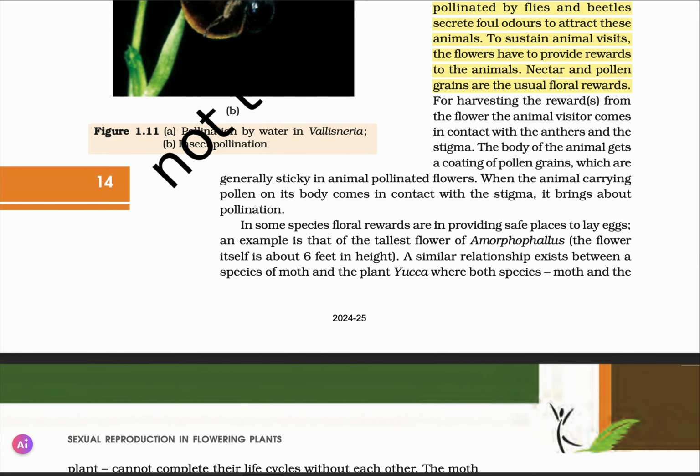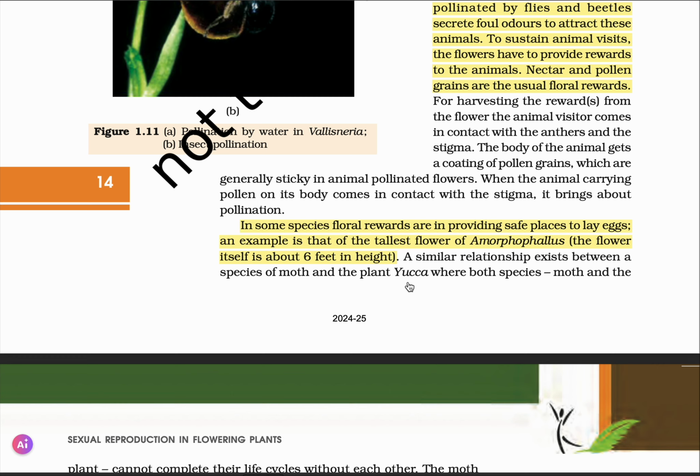Now, in some species of flowers, the reward is a safe place to lay eggs, as an example of Amorphophallus, which is the tallest plant flower, and Amorphophallus is about 6 feet in height.